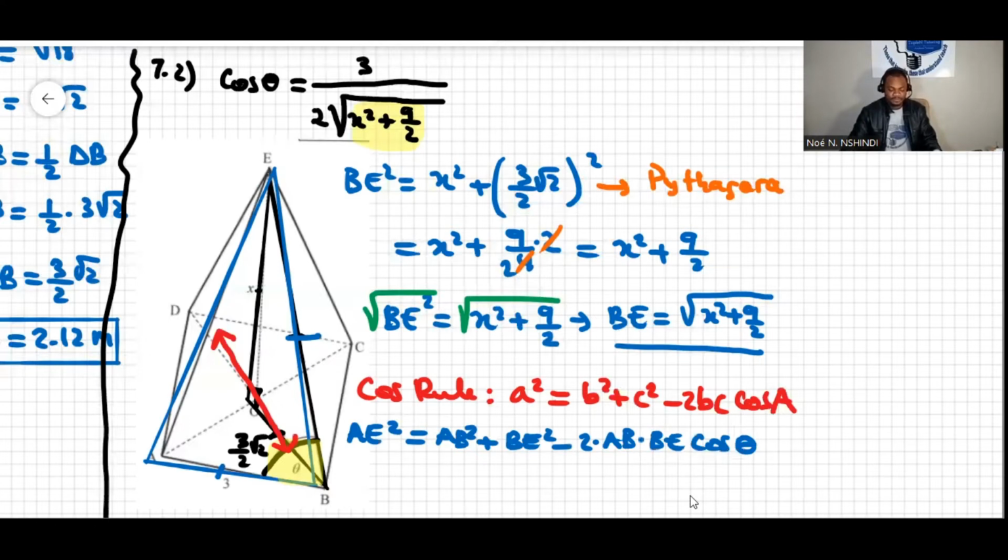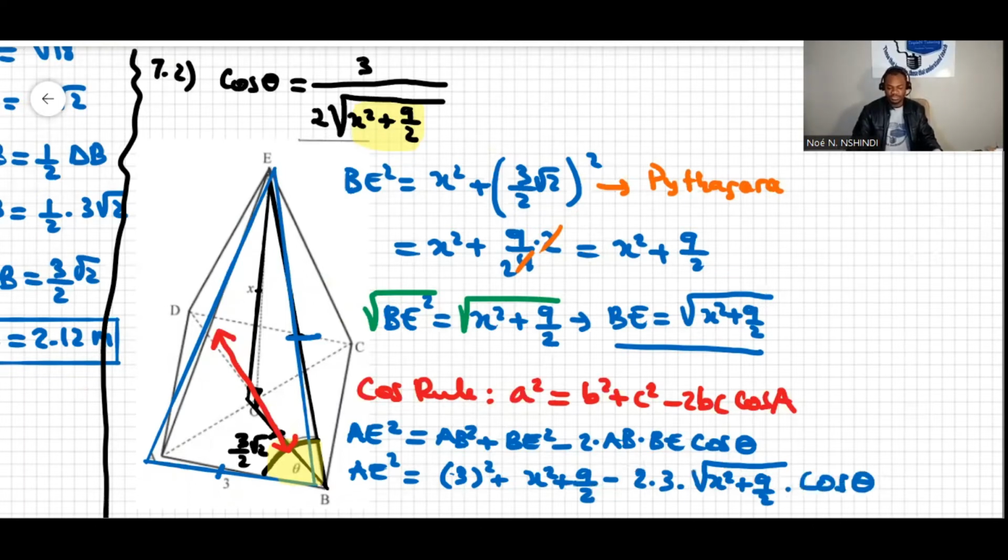Now we can substitute the values. AE squared will remain, and AB is 3, so AB squared is 9, plus BE squared, which is x squared plus 9/2, minus 2 times AB, which is 3, times BE, which is the square root of x squared plus 9/2, multiplied by cos of the angle theta.